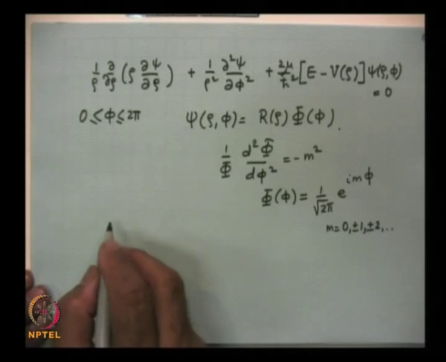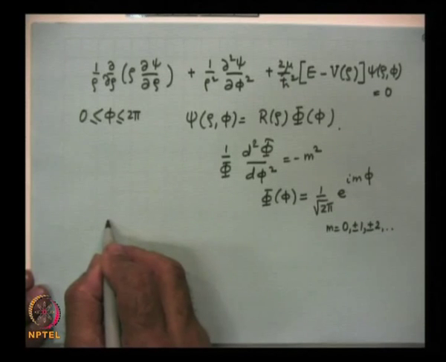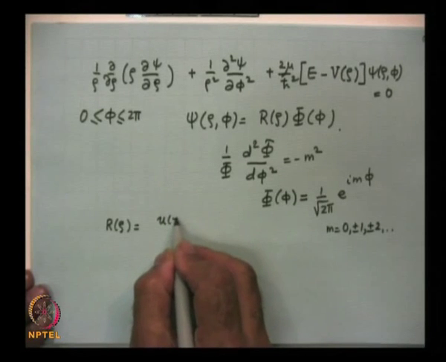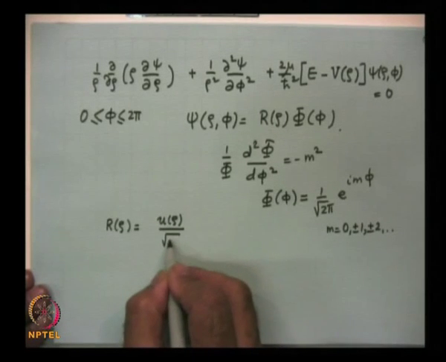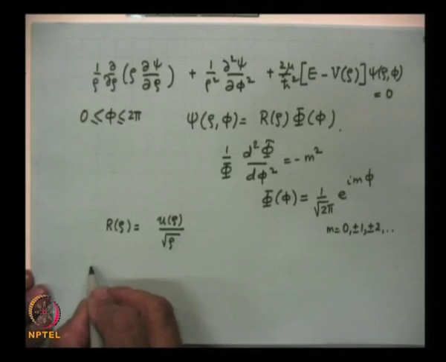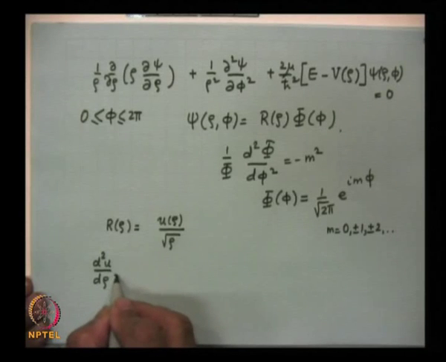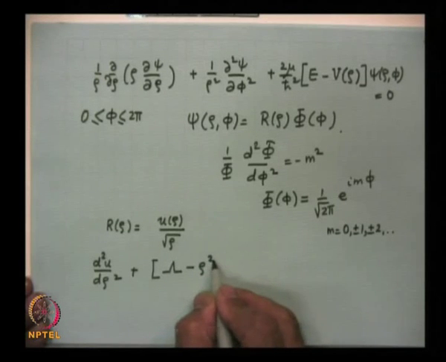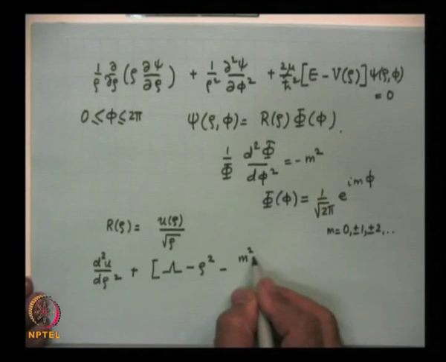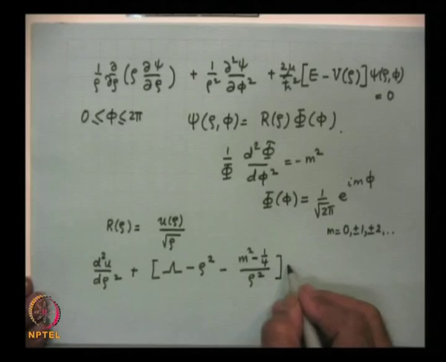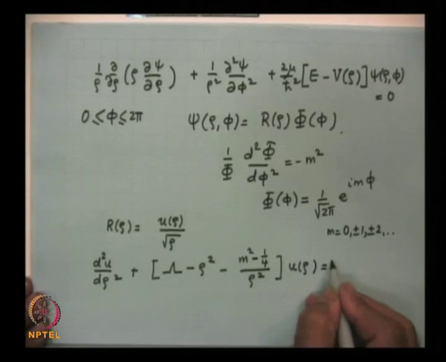If you define a function such that R of rho is equal to u of rho by square root of rho, then u of rho will satisfy the following equation: d2u by d rho square plus lambda minus rho square minus m square minus 1 by 4 over rho square, u of rho is equal to 0.